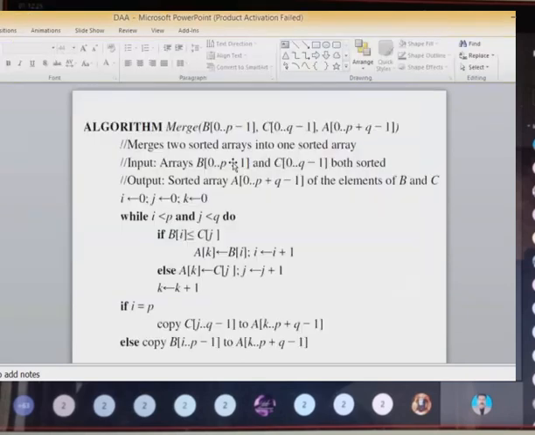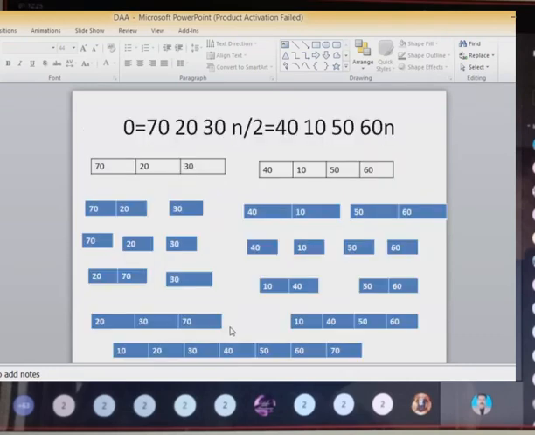The input is sorted arrays B and C, right? So now the sorted array is, this is the B array.